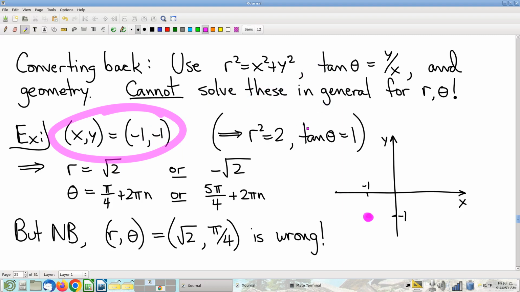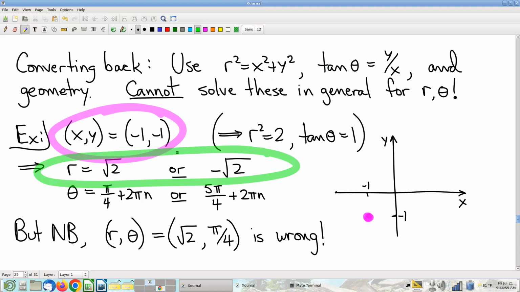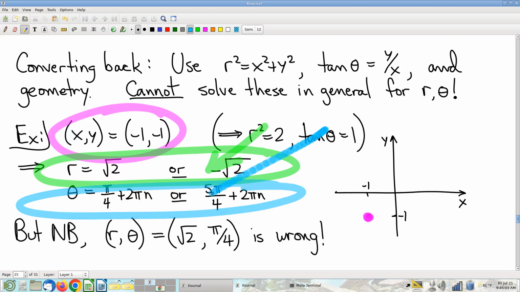Here's another thing I can do. I can enumerate the possible values of r that come out of that equation, right? And I can enumerate the possible values of theta that come out of this equation. And now, real quick recognition, I don't want to get distracted by it, but this 2 pi n is just a recognition that when you're talking about an angle, of course you can always do a full turn, and nothing happens when you do a full turn.